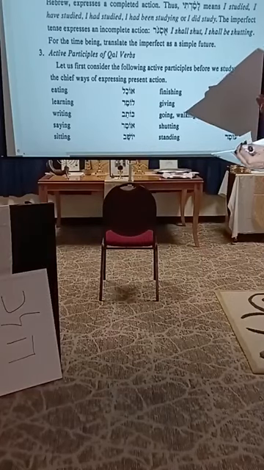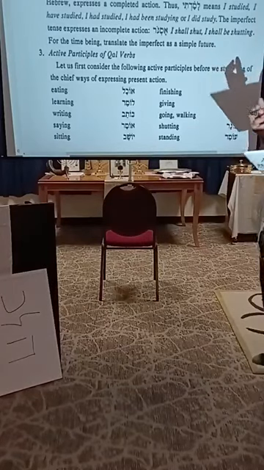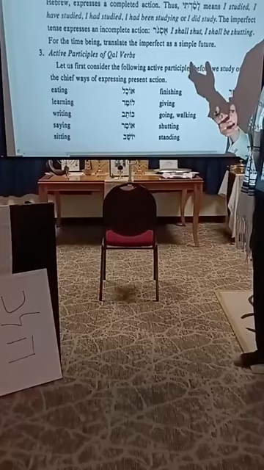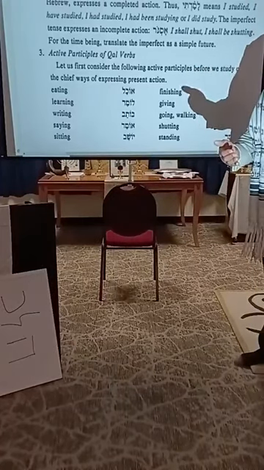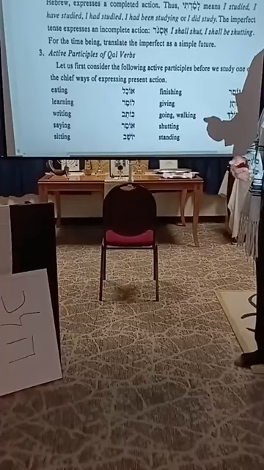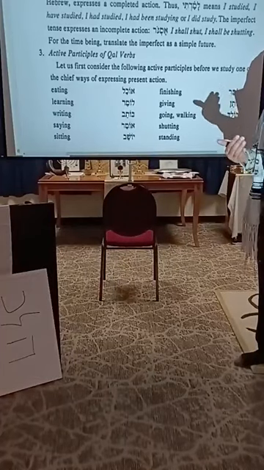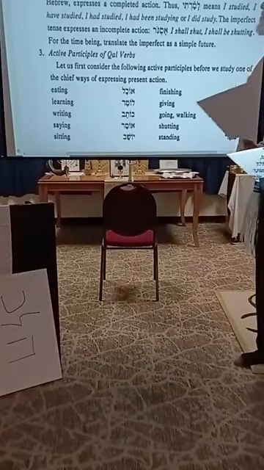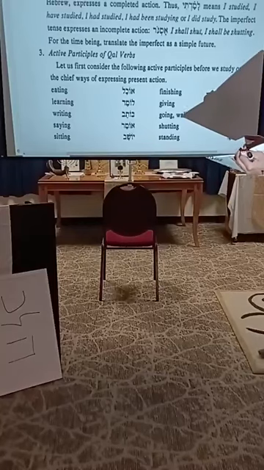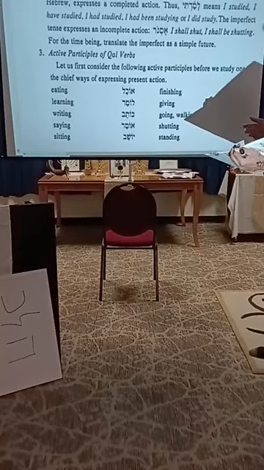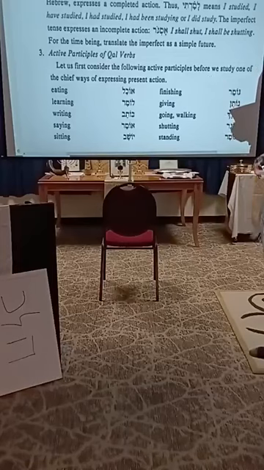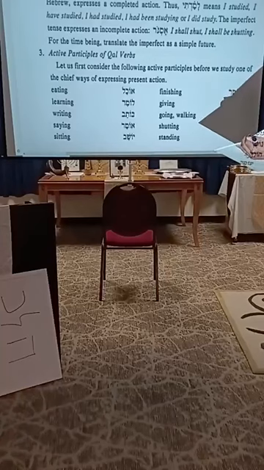And basically what it means is that when you have a word phrase that expresses a completed action, it's regarded as having a perfect tense. If you have a word expression that expresses an incomplete action, then it is regarded as an incomplete or imperfect tense. Give an example.